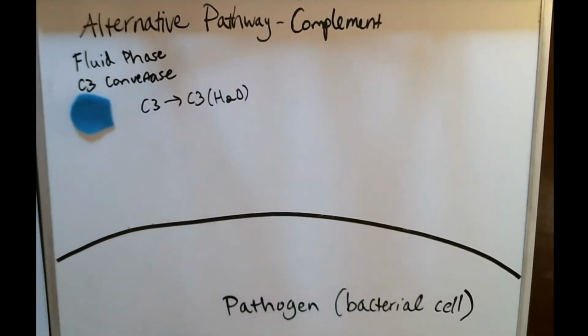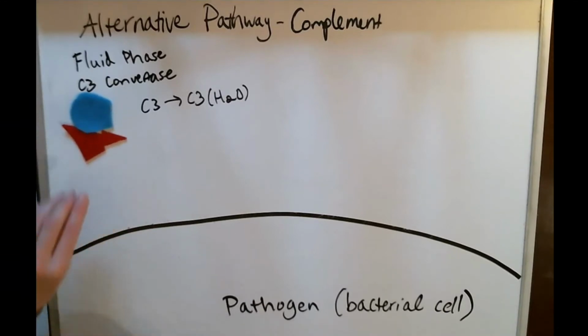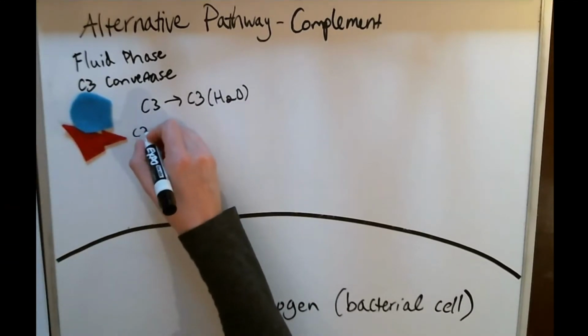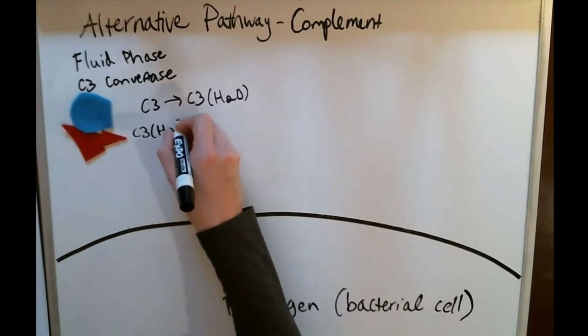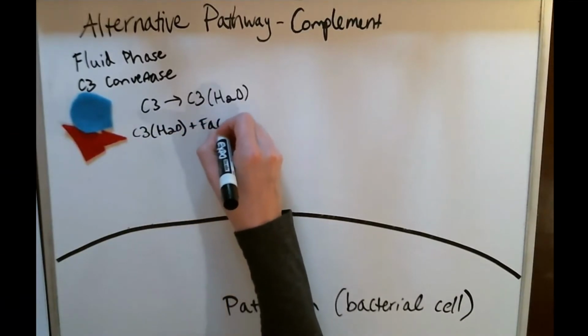And that's going to be this molecule in our model, this C3H2O. Now what happens next is C3H2O is going to bind a protein called factor B, which is shown here. So we result with C3H2O plus factor B.